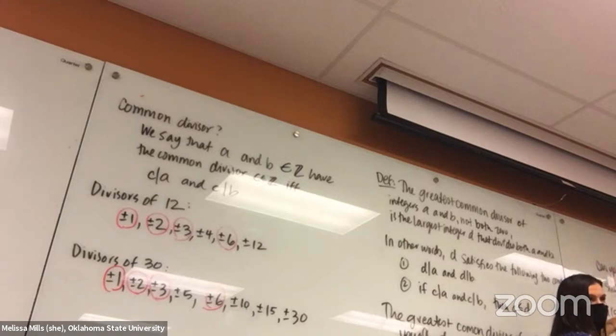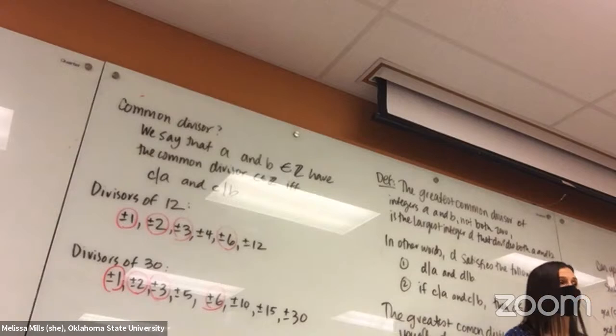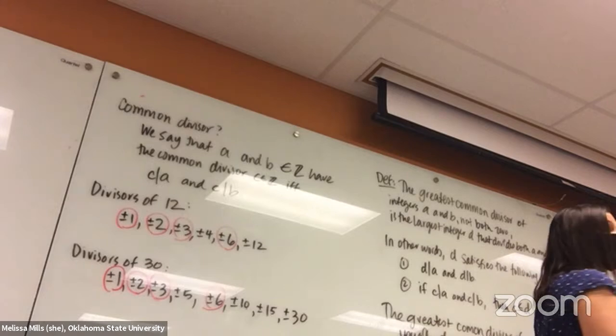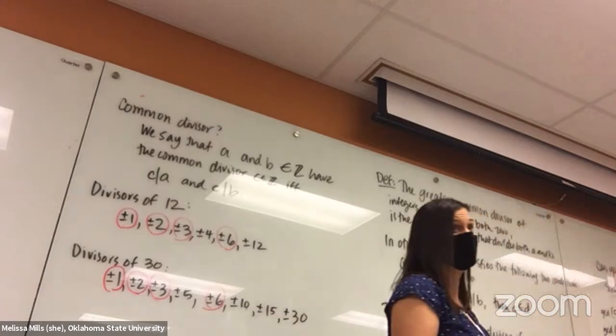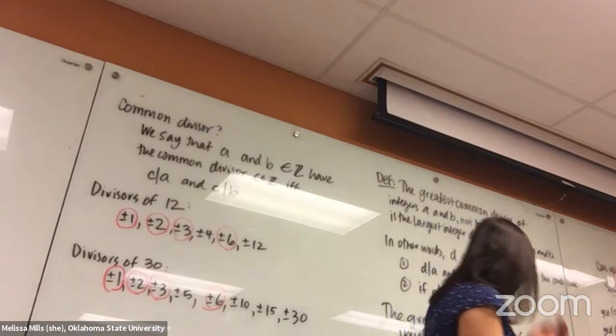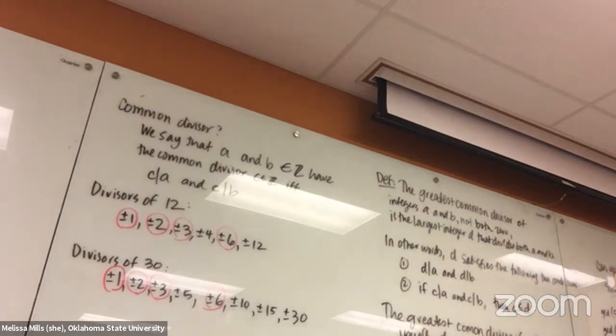They just don't have any common factors. And so what we would say about 9 and 28 is that they're relatively prime, or co-prime. That means the numbers don't share any common factors. So this is a definition.